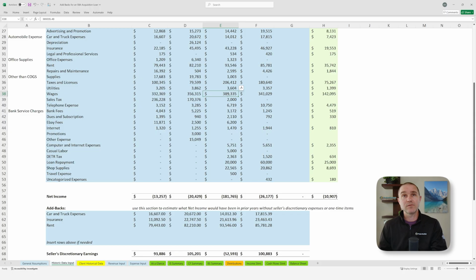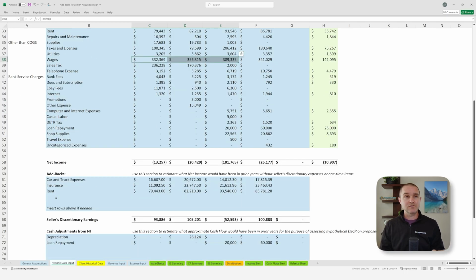It could be that they paid themselves a salary of $150,000 and they had their family member who they also paid $50,000. Maybe $200,000 of this could be added back, right? So let's do salaries or wages, I guess, in this example. And let's just assume $200,000 is an add back because that's the seller's wages.